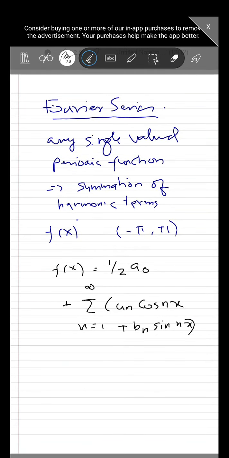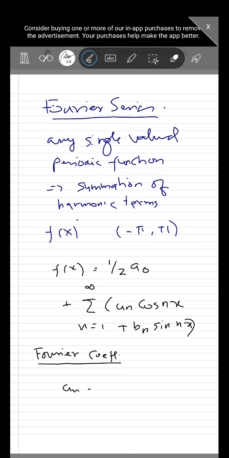So any periodic function can be represented as a summation of harmonic functions where the constants or the Fourier coefficients an and bn are represented as follows.